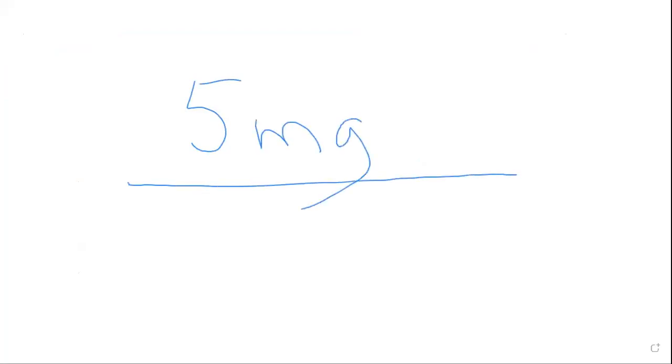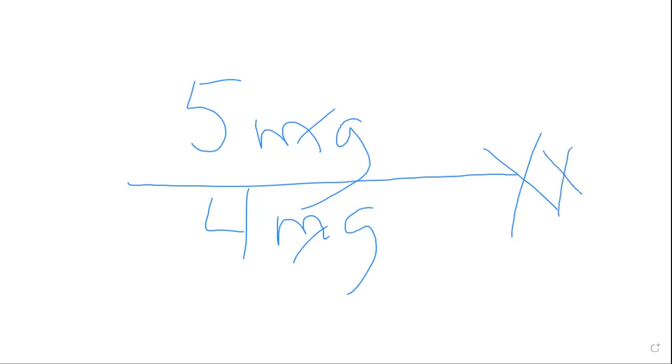Our doctor's order goes on top, and that is 5 milligrams. What we have on hand goes on the bottom, which is 4 milligrams. Milligrams crosses itself out, and we have 5 divided by 4 times 2 mLs.